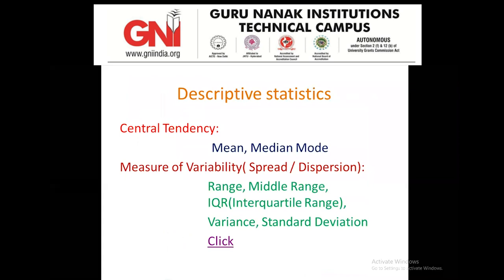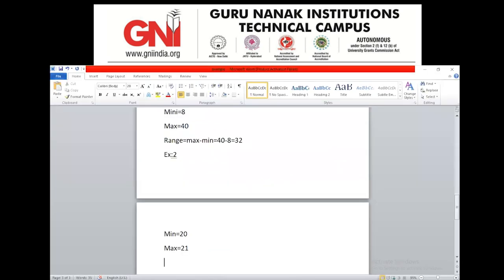What is the mid range? For the same thing, very simple. Mid range is max plus min by 2.